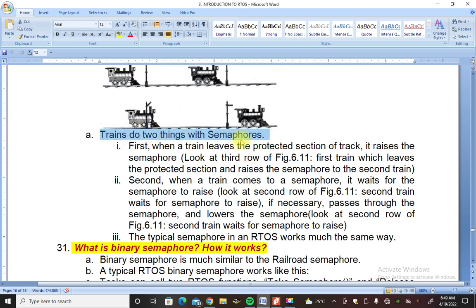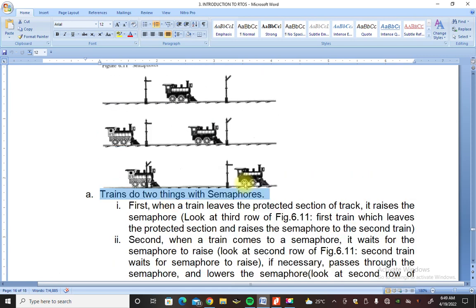Trains do two things with semaphores. First, when a train leaves the protected section of the track, it raises the semaphore. Look at the third row of figure 6.11. The first train leaves the protected section and raises the semaphore to the second train.